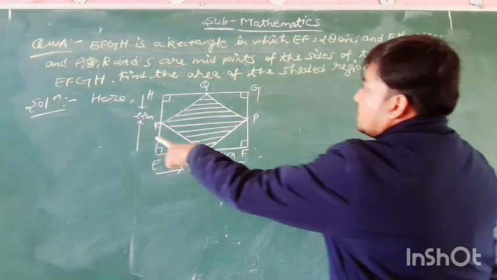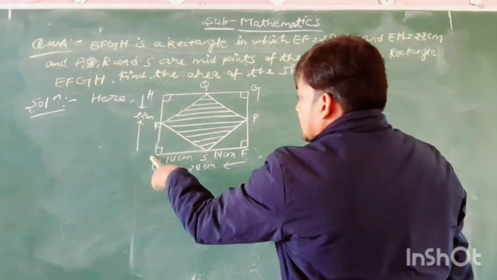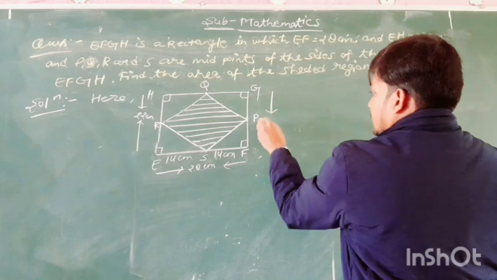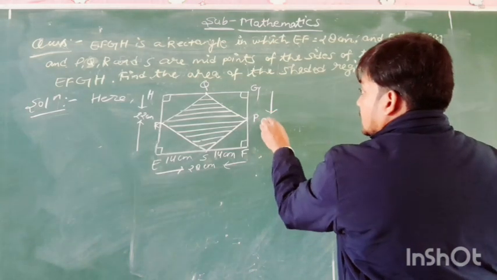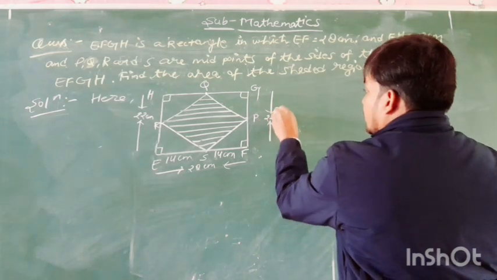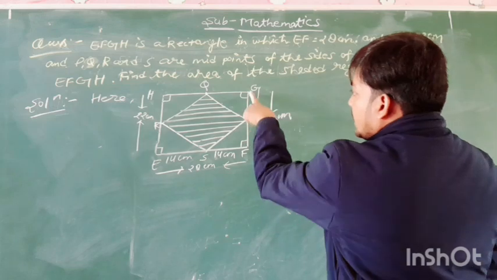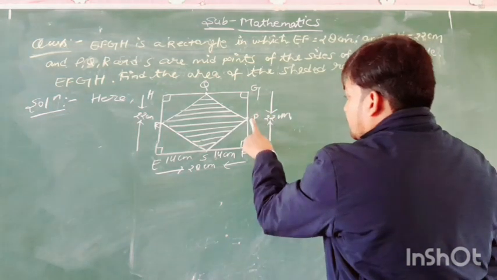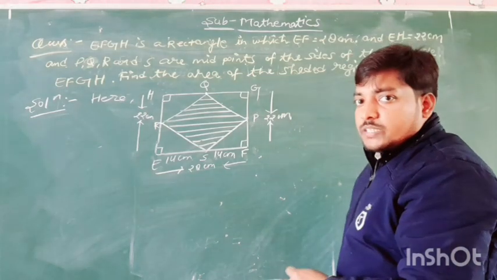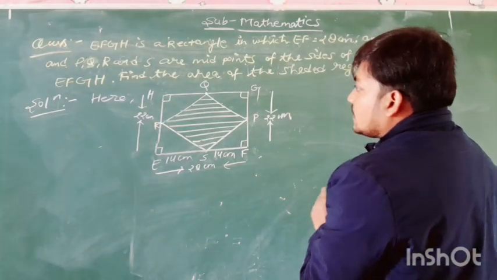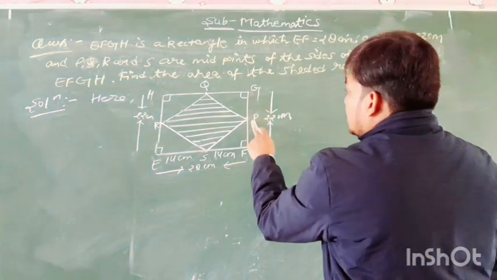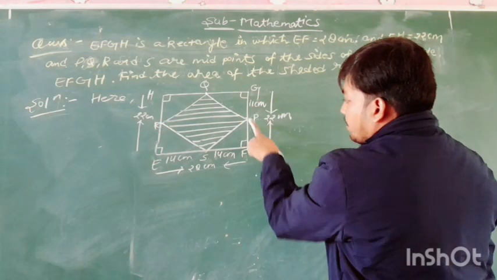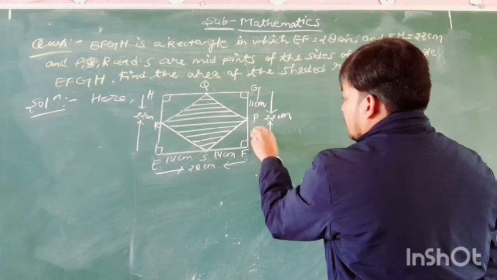In the same process, HE is equal to GF, which is equal to 22 centimeter, and P is the midpoint of FG. So GP and PF are equal to each other. So measure of GP is equal to 11 centimeter and measure of PF is also equal to 11 centimeter.